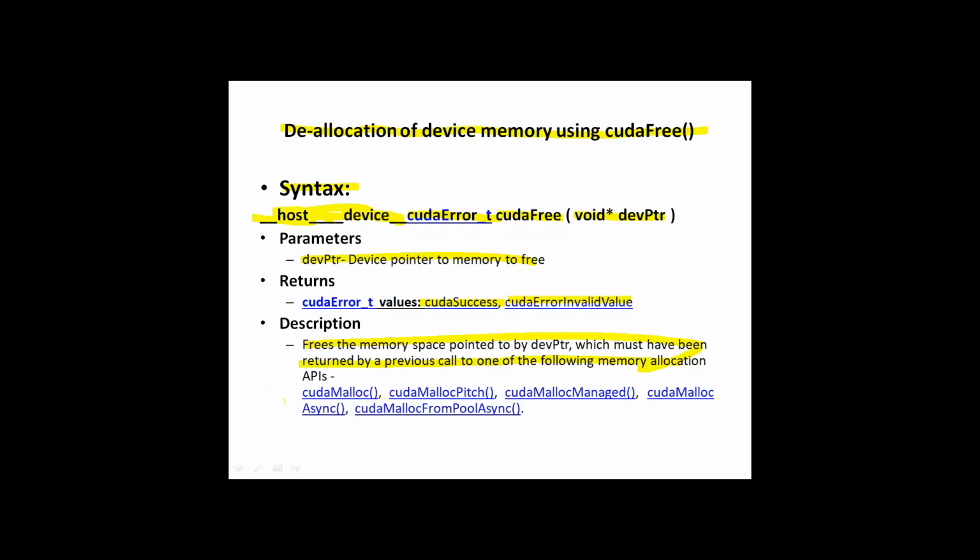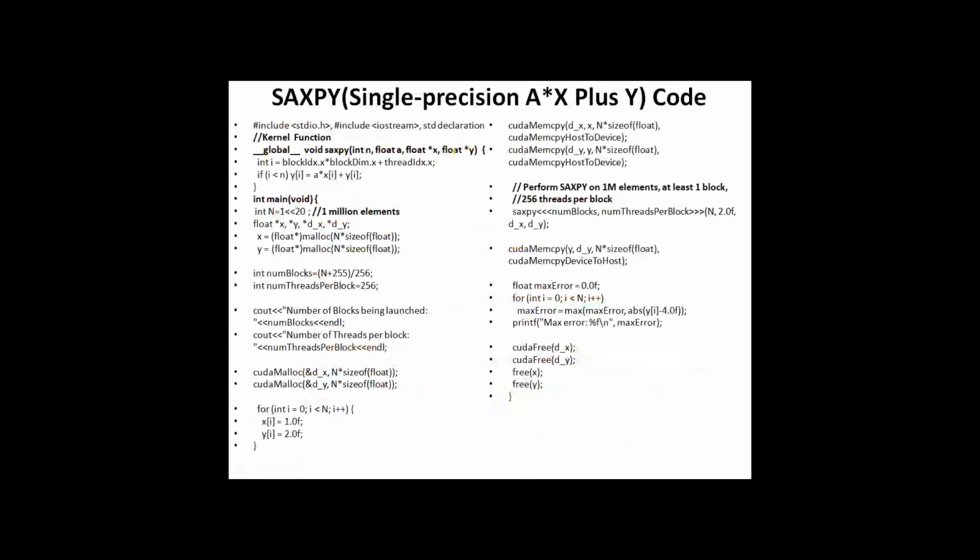Till now, I have gone through only cudaMalloc, but there are many other functions like cudaMallocPitch, cudaMallocManaged, cudaMallocAsync, or cudaMallocFromPoolAsync. These are different functions available for allocation on the device, and cudaFree can be used to deallocate memory allocated by any of these functions.